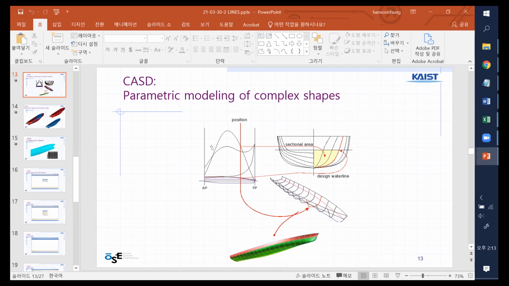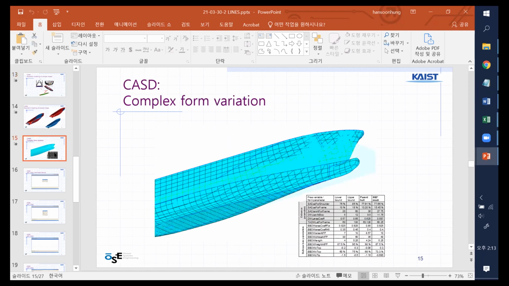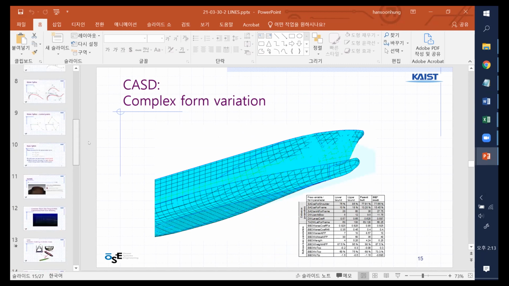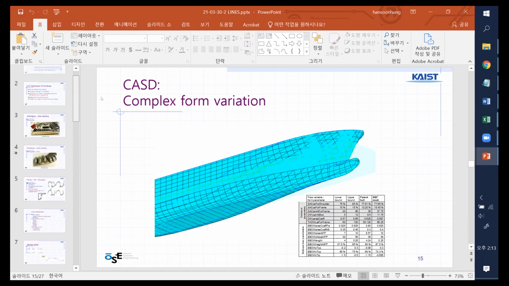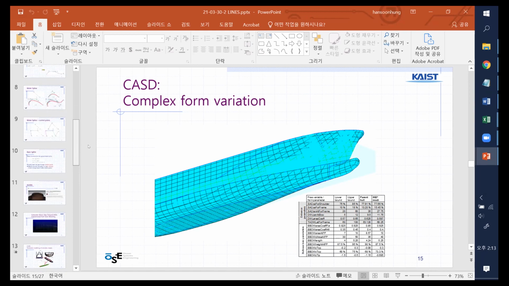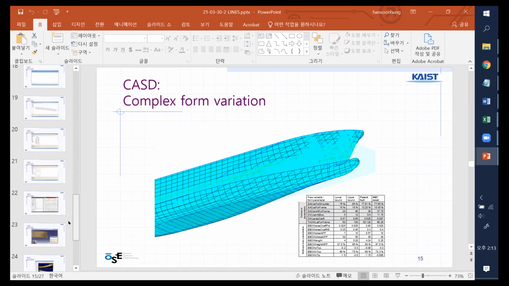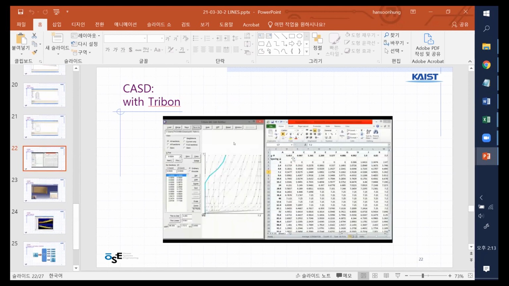Usually we start from this offset table. Where is the offset table? That's shown here, the other table. The offset table looks like this one.